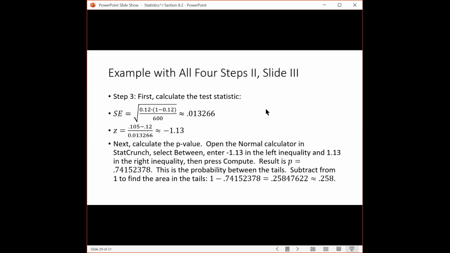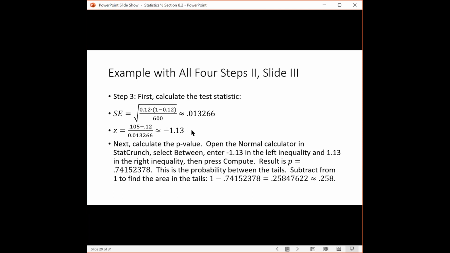That's the proportion of A's, the proportion of successes. So 0.105, and then put the population proportion here, subtract them, divide by the standard error, and you get the number of standard errors, or standard deviations, I guess you could think of it either way. So this is the number of standard errors that the z-score is away from 0.